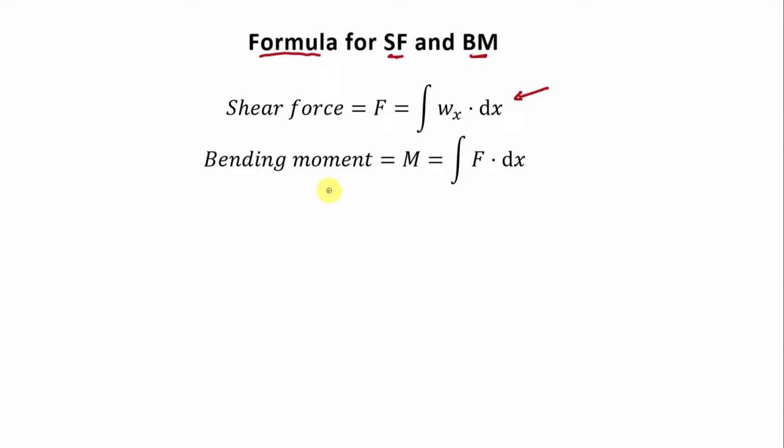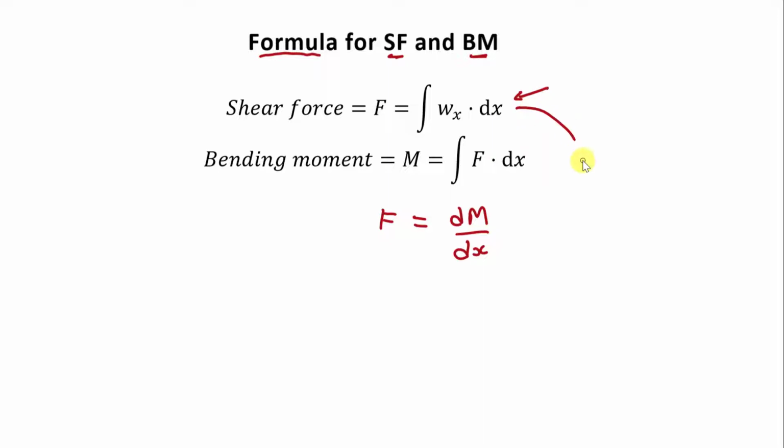Okay? Now this is the equation of bending moment. Bending moment M is equal to integration of shear force. From here we can also write that F, that is shear force, is equal to differentiation of bending moment. So it will be dM divided by dx, right?